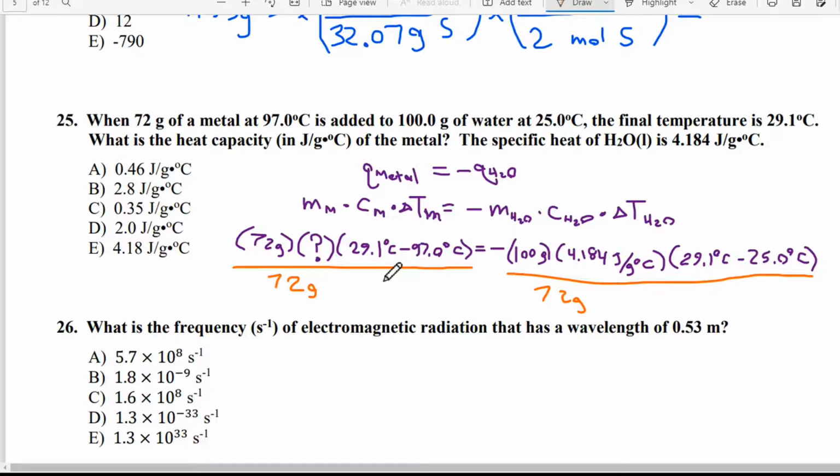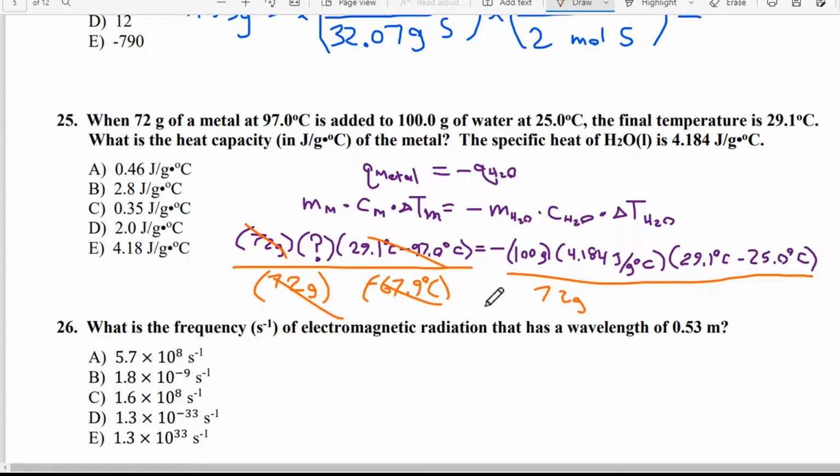It's going to be like 68.9. No, 67.9. Negative 67.9. Okay, cancel this out.